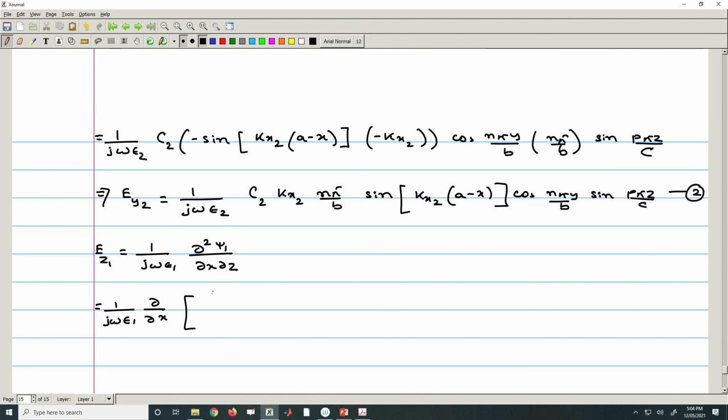So we will have c1 cos of kx1 x sin n pi y upon b, and with respect to z we will have cos p pi z upon c multiplied by p pi upon c.